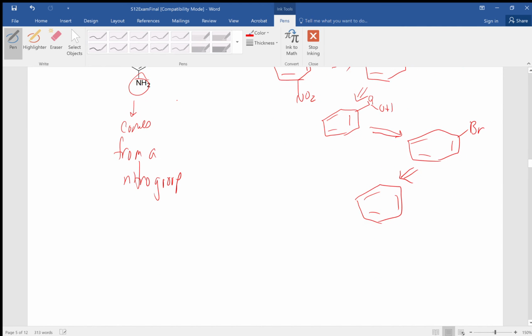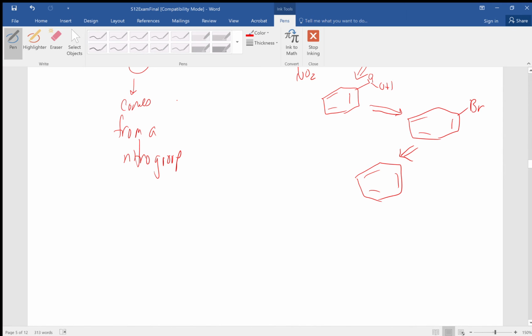All right, so now I'm happy with how I've planned this, and it's just really a matter of mapping out our forward synthesis. So starting with benzene, I can do a bromination.